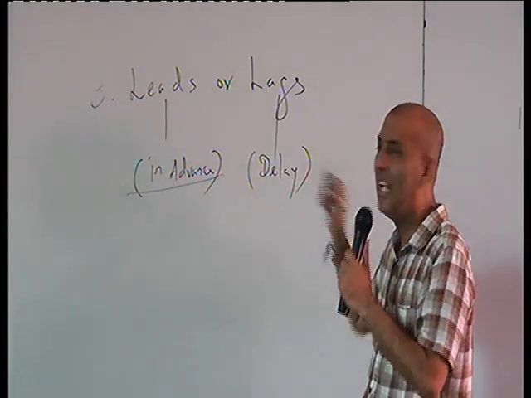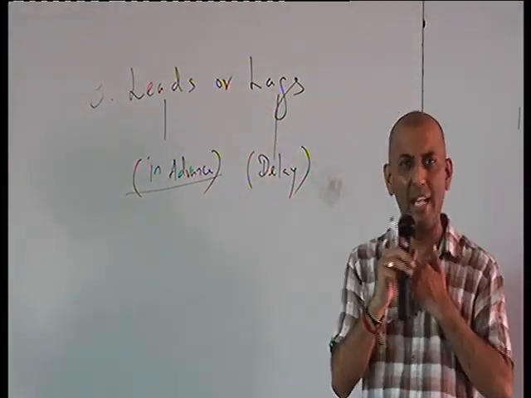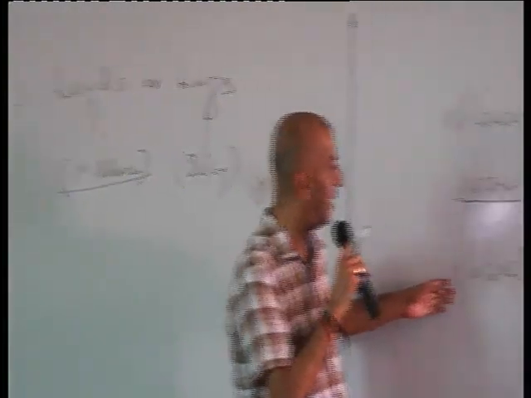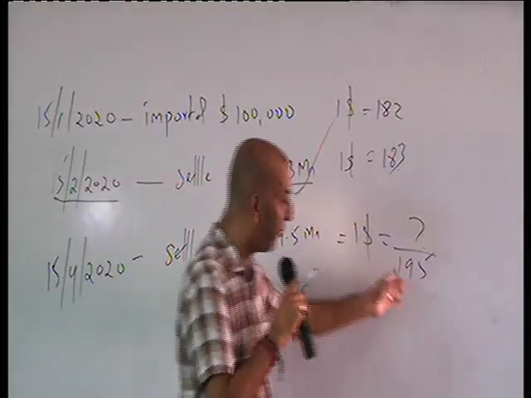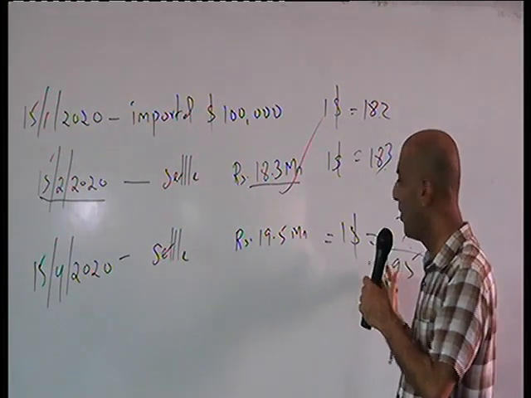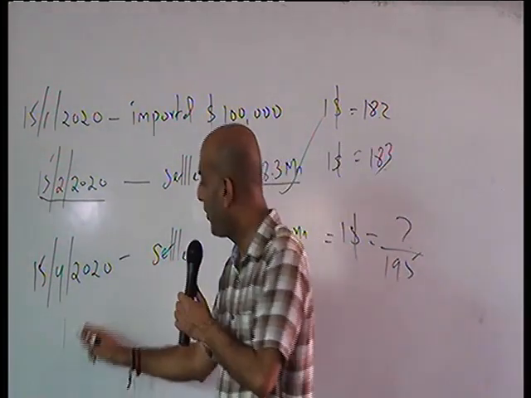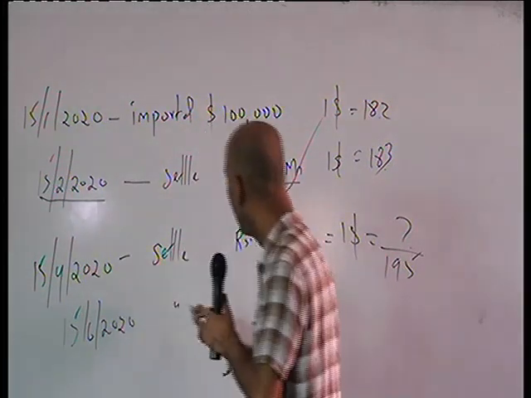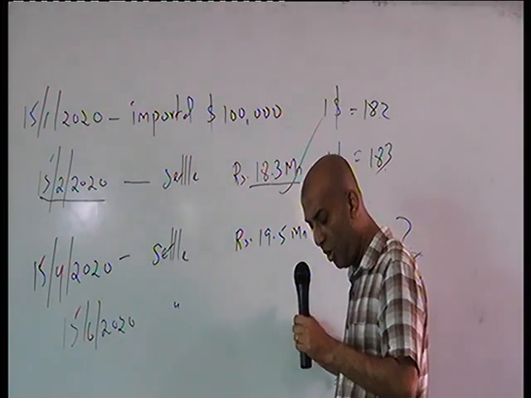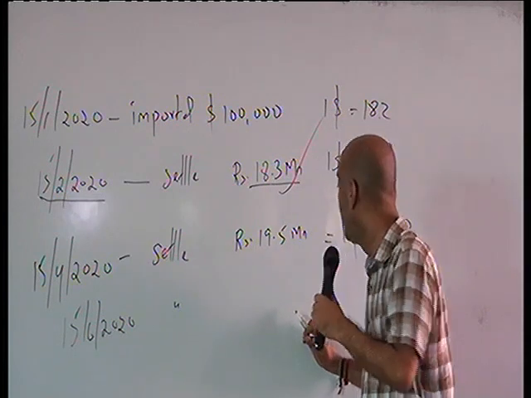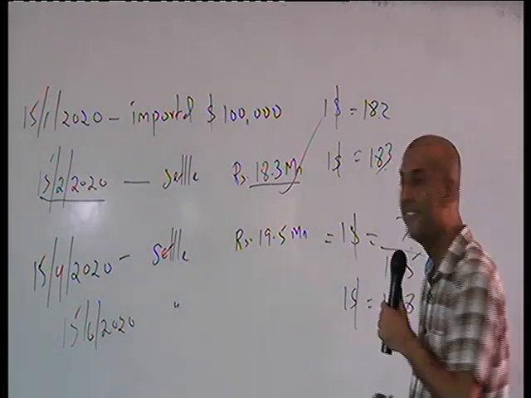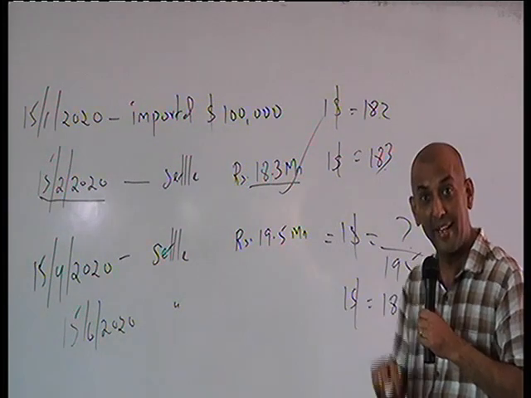Similarly, you can delay payment. If you realize that on 15th of April the dollar is 195, and for settlement on 15th of June, for example, my $1 is going to be 188, it's coming down again.